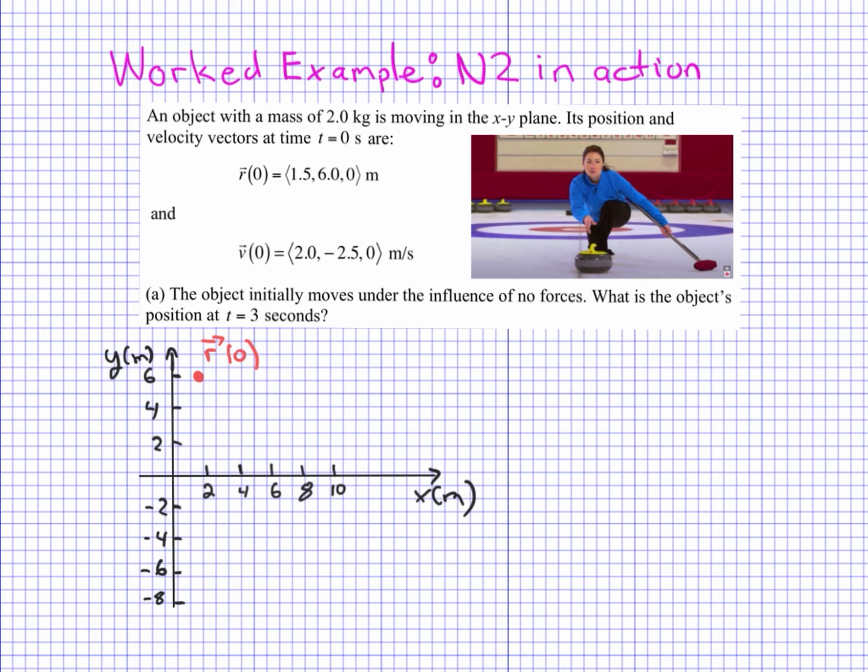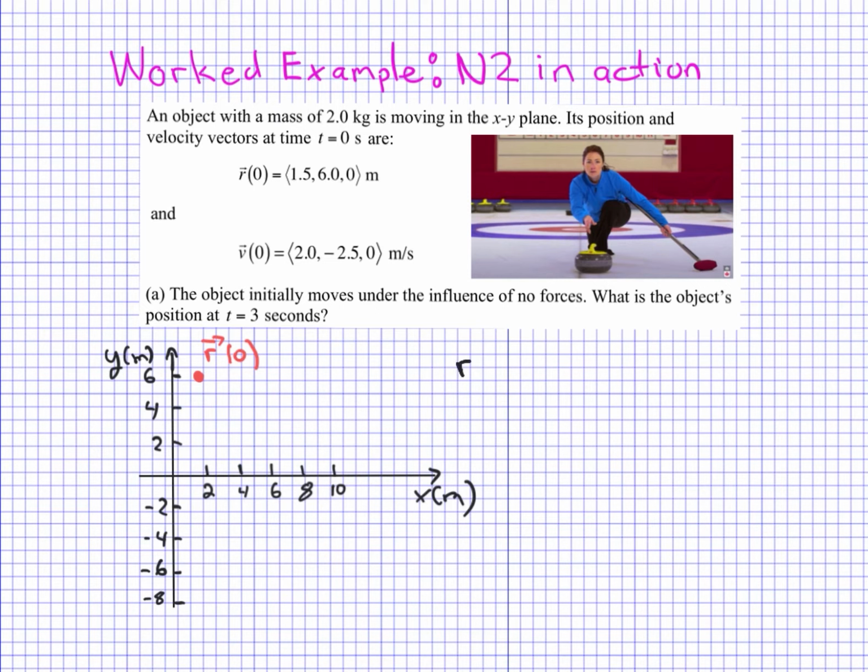It's headed with an initial velocity. If you look at the numbers here, the initial velocity is pointing sort of down and to the right, in this direction, somewhere like that. So we expect a little while later the object is going to be somewhere down and to the right, but let's find out exactly where.